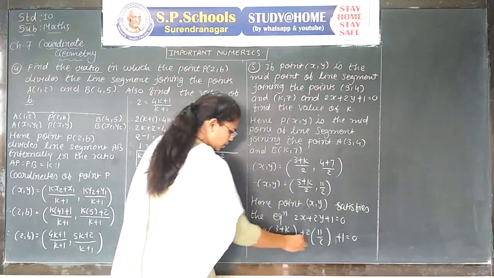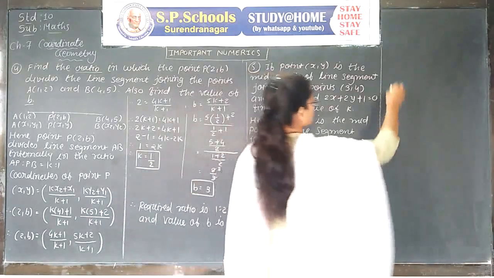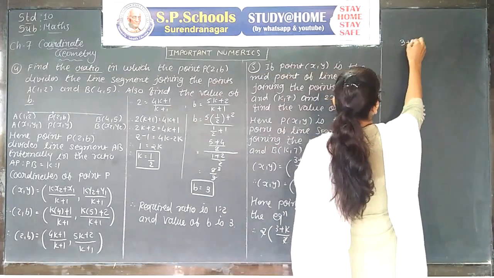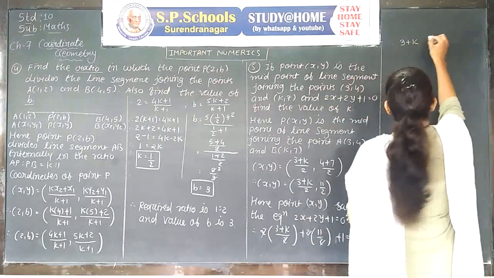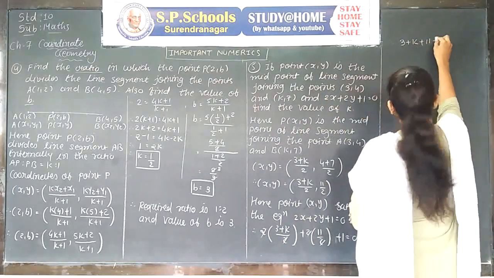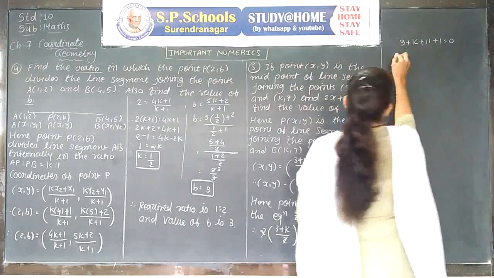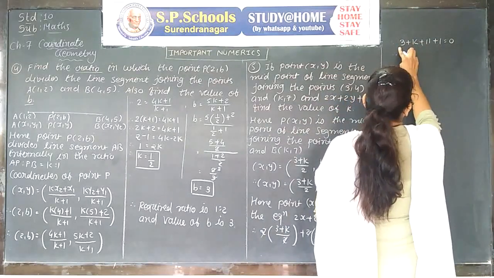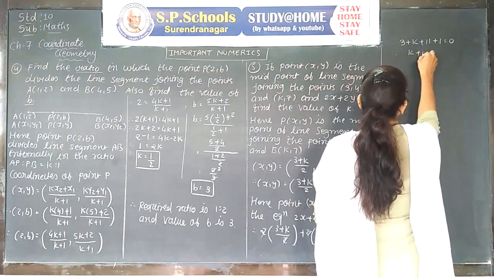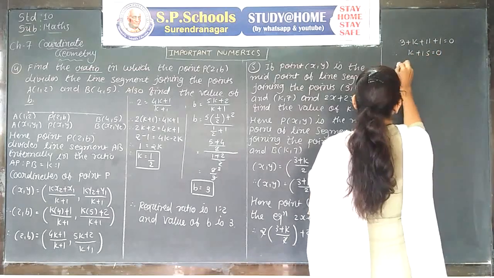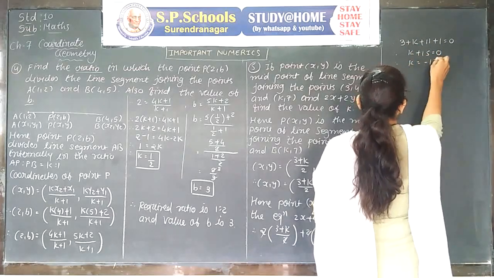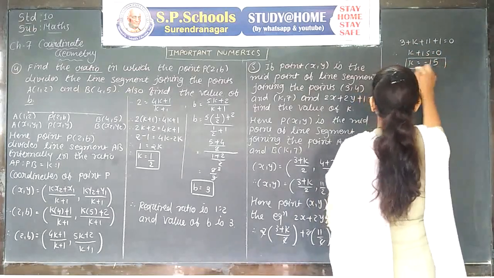Now the 2s cancel, remaining 3 plus k plus 11 plus 1 is equal to 0. 11 plus 3 is 14, plus 1 is 15, so k plus 15 is equal to 0. That's why the value of k is minus 15.